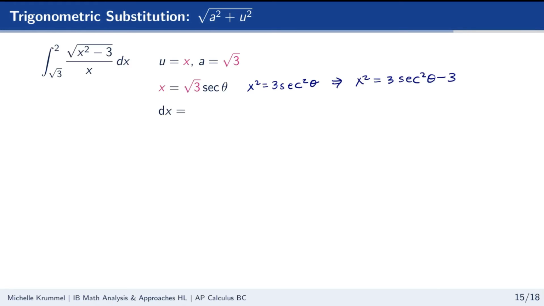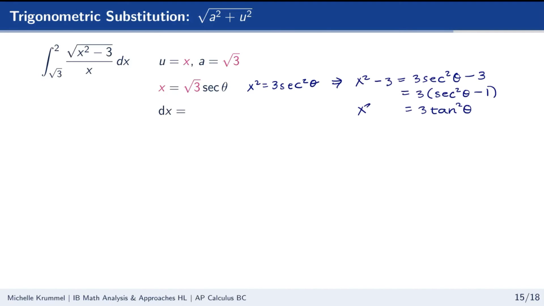Oh, I didn't subtract 3 on the left. Sorry. X squared minus 3 equals 3 secant squared theta minus 3. Then we can factor out a 3. And secant squared theta minus 1 equals tan squared theta.